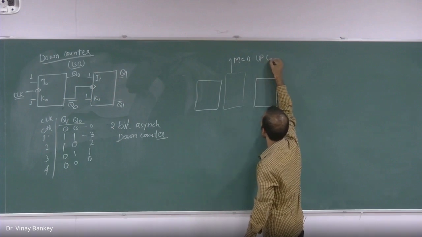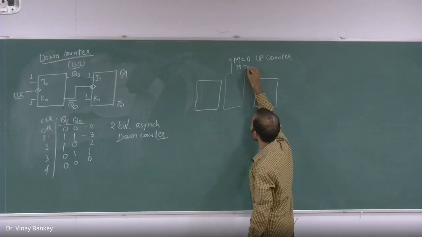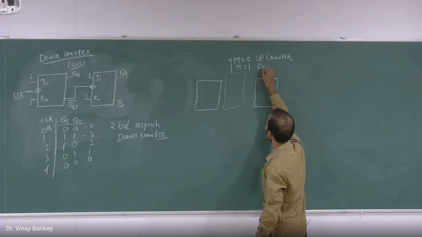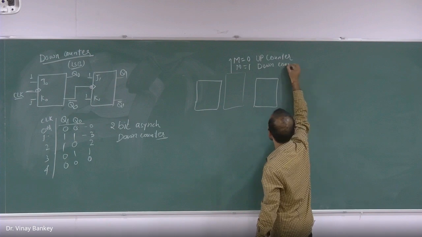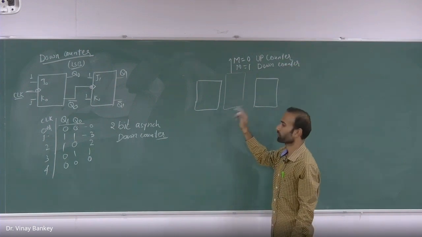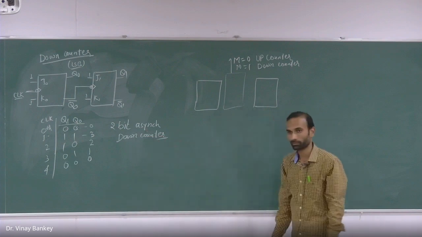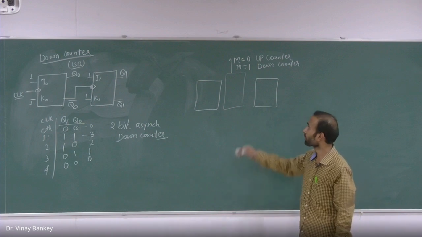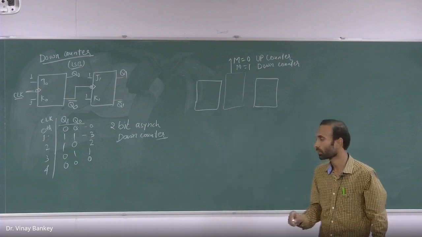So it will become an up counter. Or if I say M is equal to 1, this counter should count in descending order, that is down counter. So I want to design a combinational circuit in between these two flip-flops so that we can connect the clock pulse to the next one. And that will become an up/down counter. Correct?